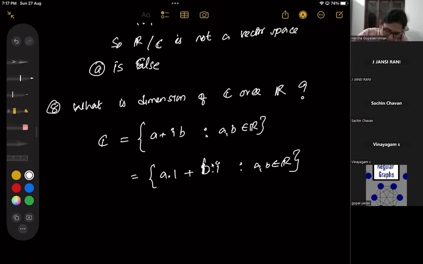So B equal to {1, i} forms a basis for C.